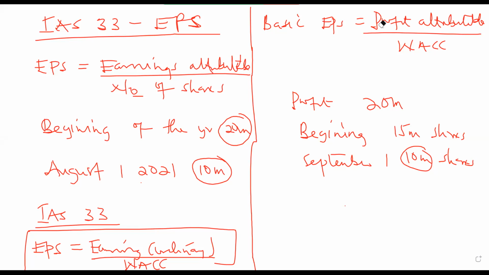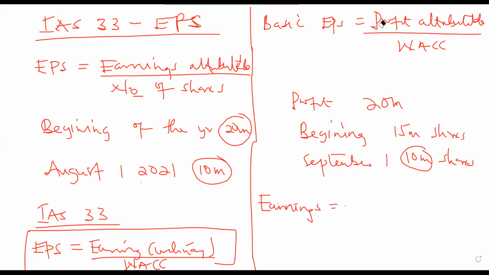But the earnings, the profit attributable that we are talking about, let's look at the profit. What profit do we use? The profit that we use for earnings per share is the profit attributable to the ordinary shareholders. So what are the things that we take into consideration before calculating the earnings per share?